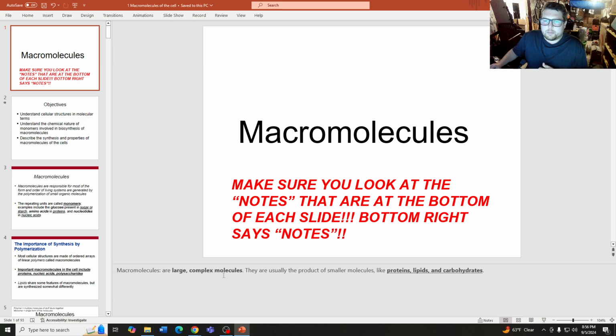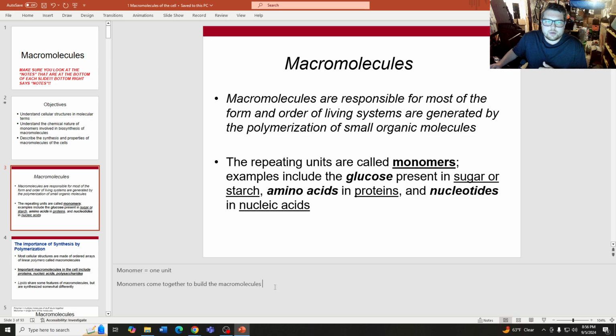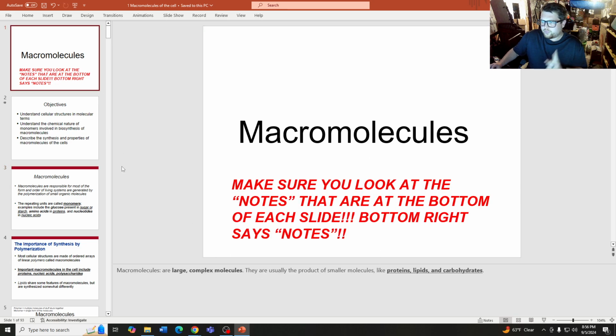I like to include on the PowerPoints lots of text information down in the bottom here. If you are taking my notes, converting them to PDF format, and then uploading them into GoodNotes or Notability or whatever those are for the iPad, I know a lot of people prefer to take notes that way.